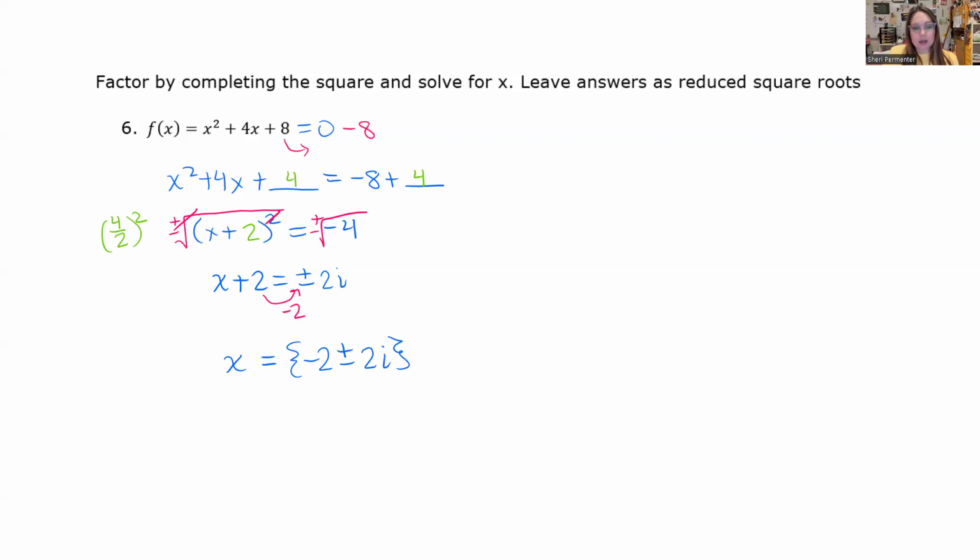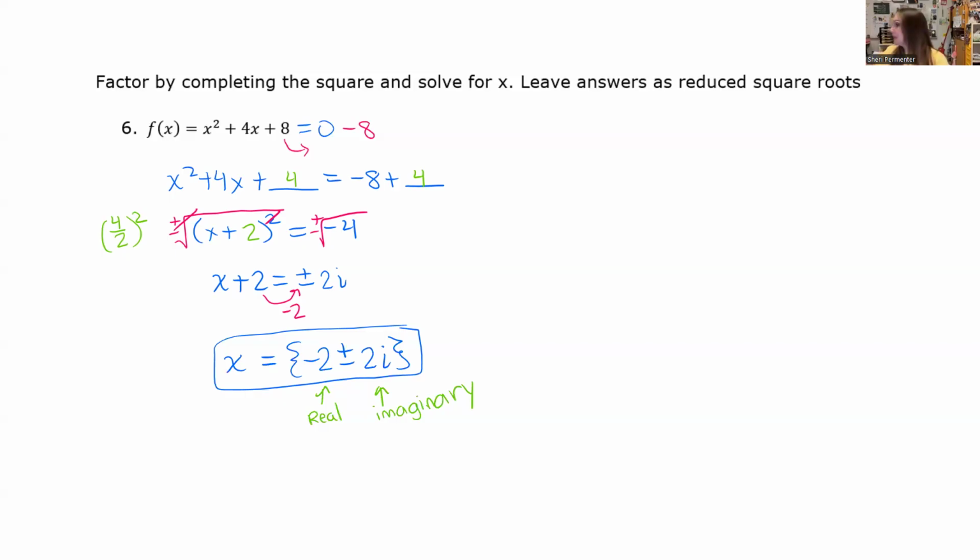So again, you cannot put these together and you have 2 separate parts. So this is considered the real part and this is considered imaginary. They cannot be put together. They have to stay separate. And that is my answer.